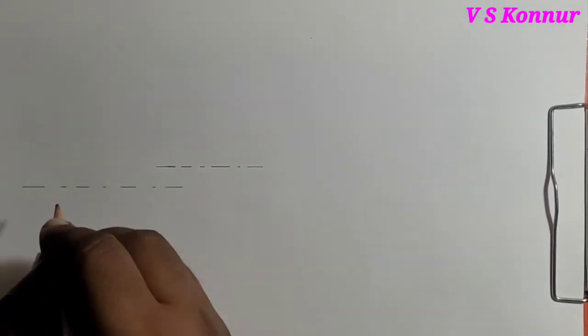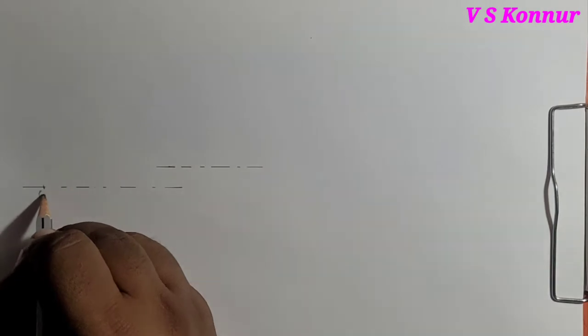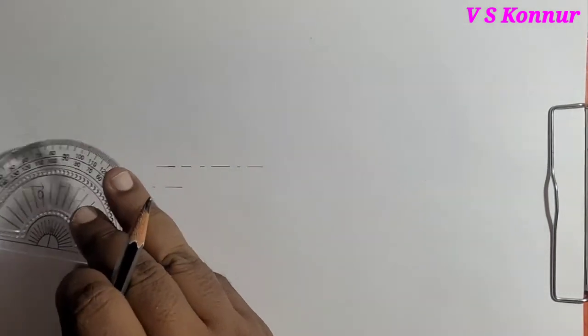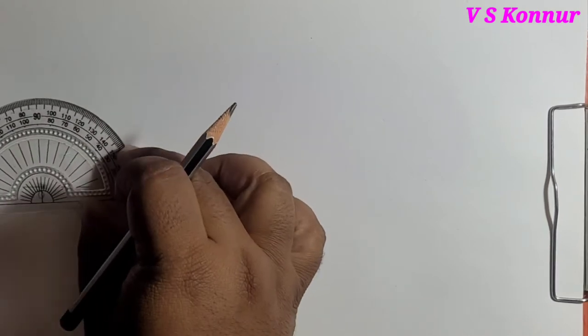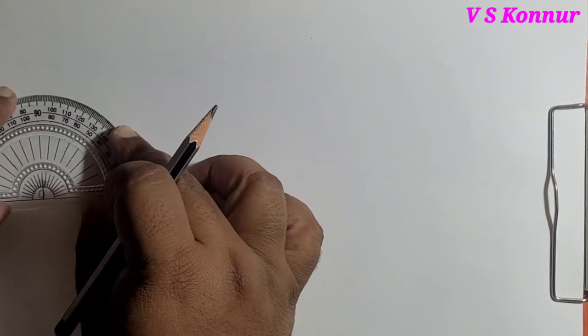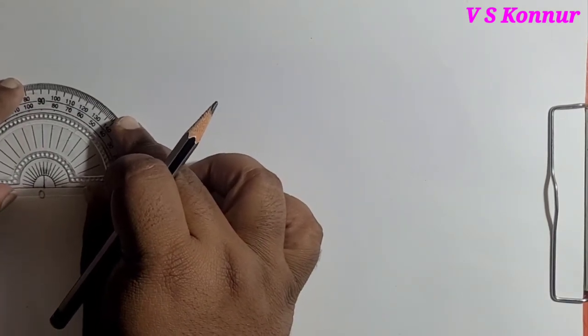First draw a horizontal line and then mark a point called as O. First we'll mark here O point and the angle given at that point is 60 degree. So take 60 degree from this point.